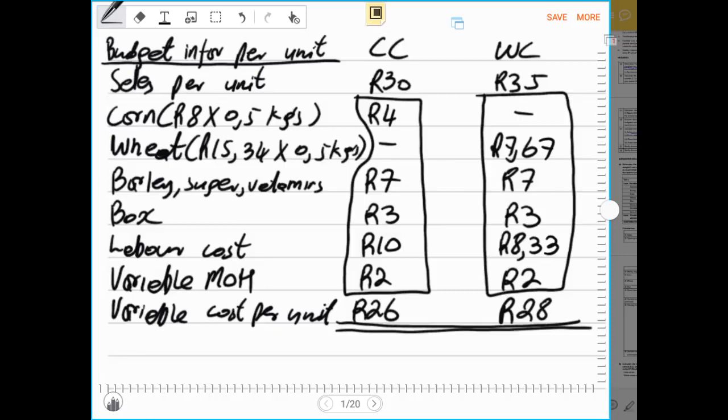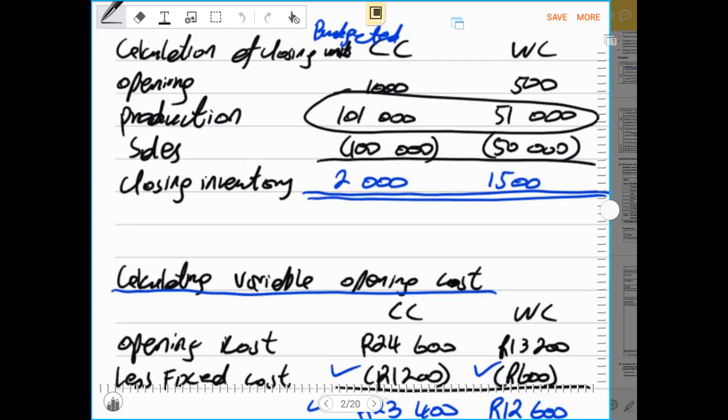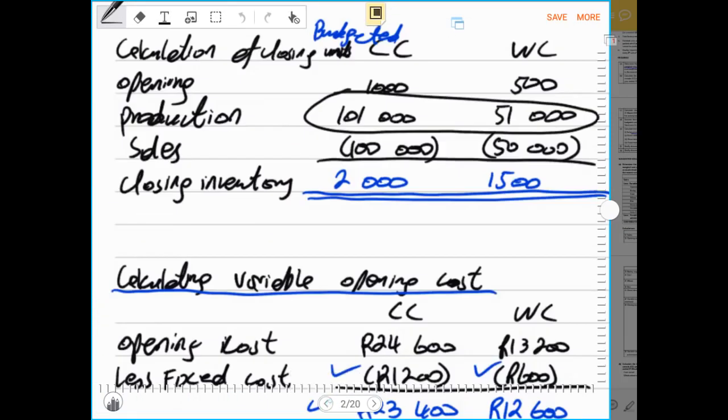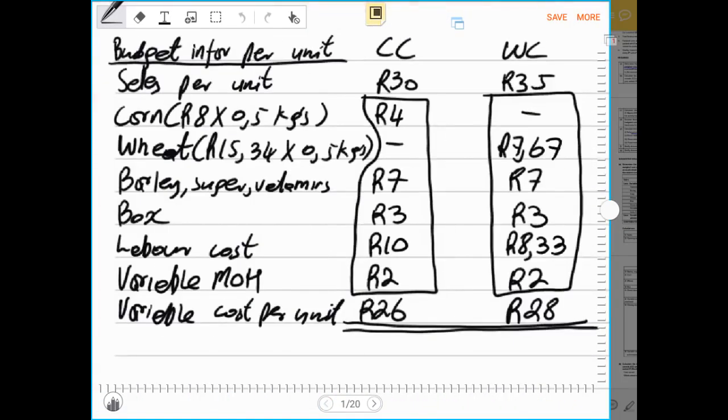And now since I have done this working, it means it will simplify my calculations when I am calculating the marginal income statement. So now I am calculating the marginal income statement, or let me say this is my working number 1 because it is my first working. That is working number 1.